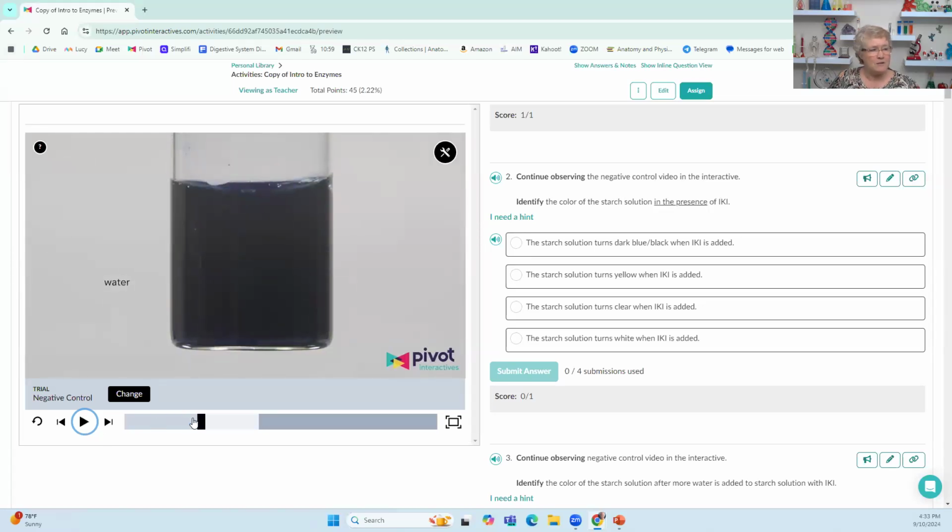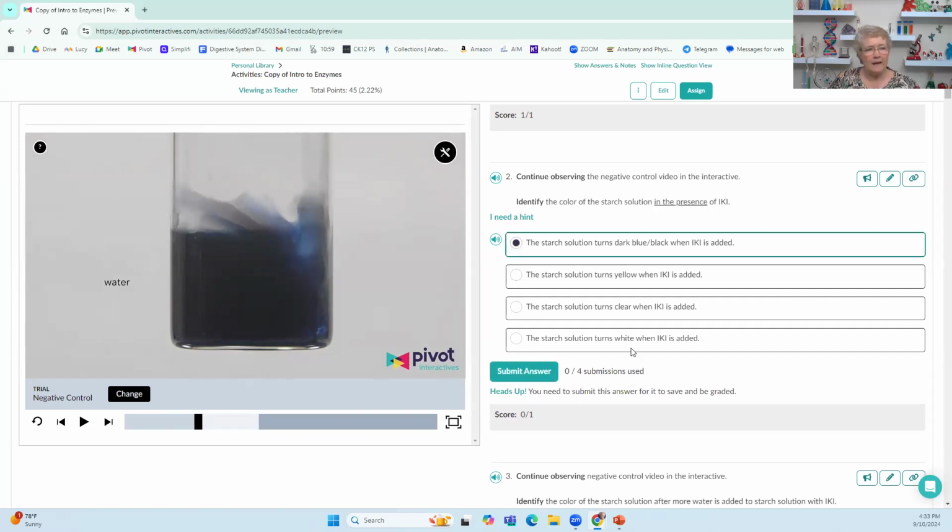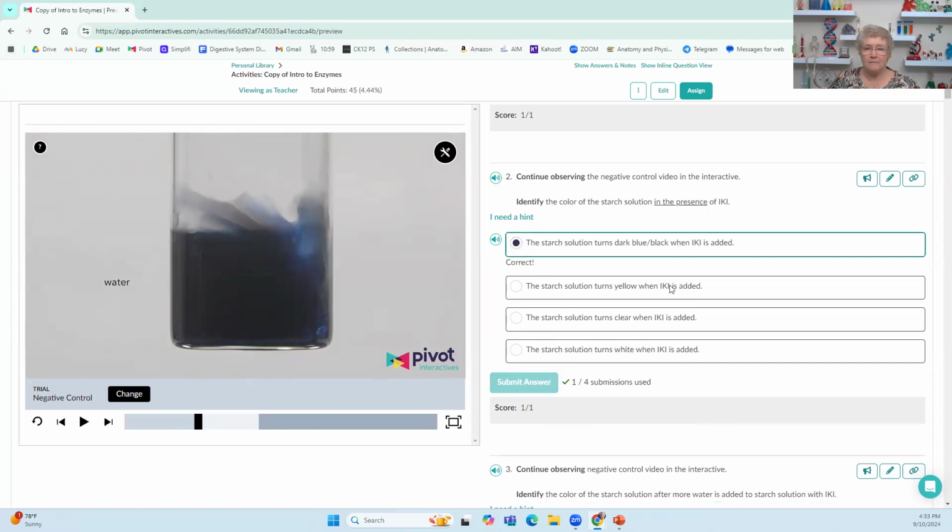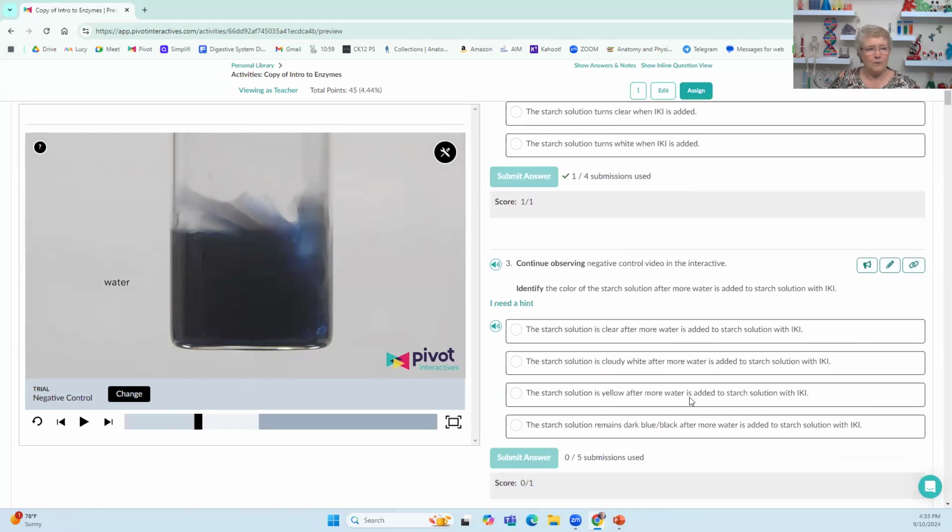Okay, let me back up just a little bit, and there, that's the IKI. What color is the starch solution in the presence of IKI? You choose the correct answer. It turns blue or black when the IKI is added, and click submit. Correct. Now we scroll down again.